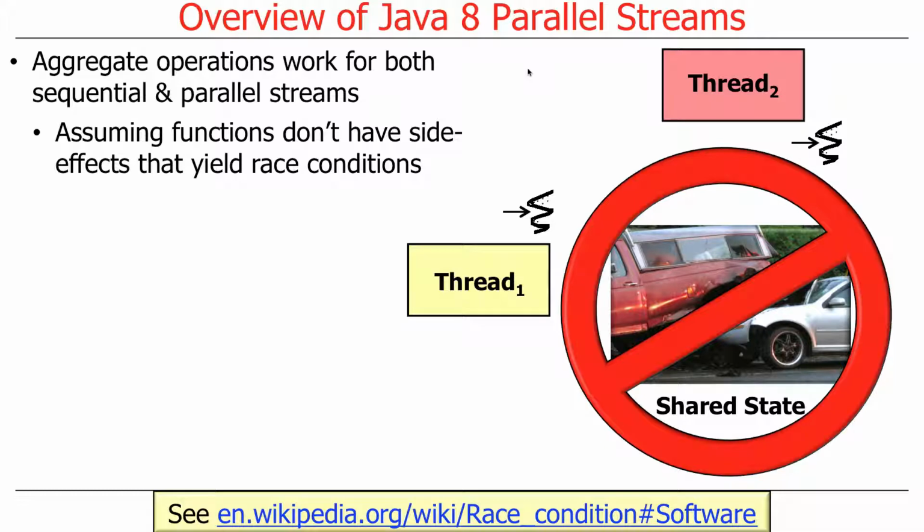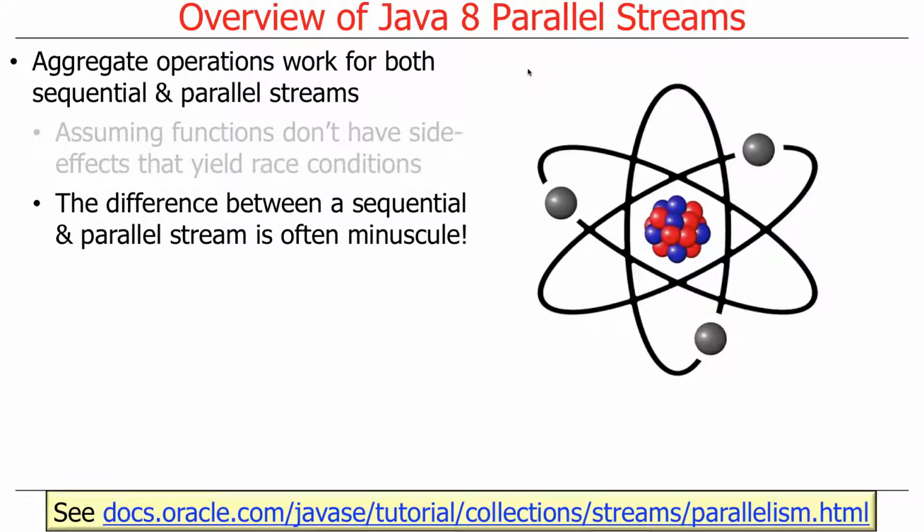So as long as you're able to partition your data in a way where different parts of the stream can run independently with no dependencies, in other words, embarrassingly parallel, then the mechanisms we're going to talk about work really well. If you don't have that, then you have to apply locks, which is not a hard thing to do if you know how to do synchronization, but it's not quite as drop-dead easy as just taking a sequential stream and changing one thing, which is the ideal goal.